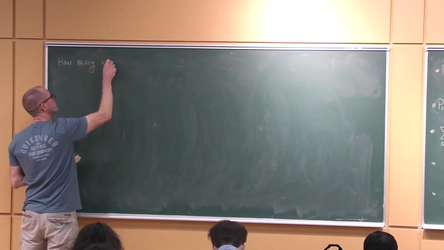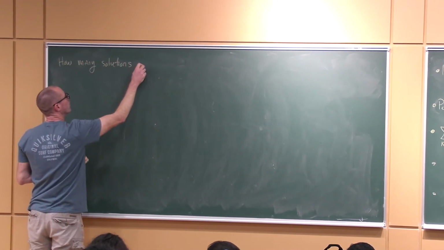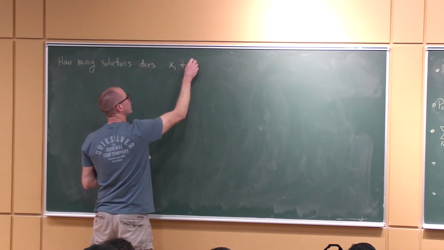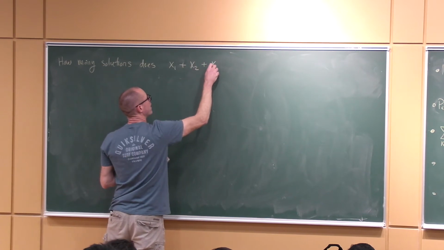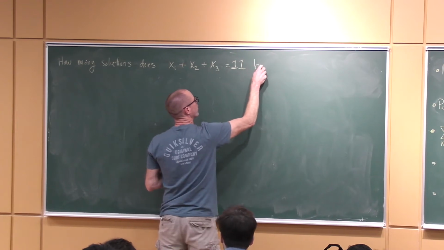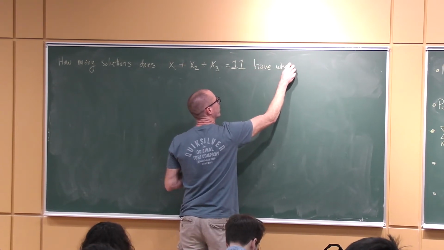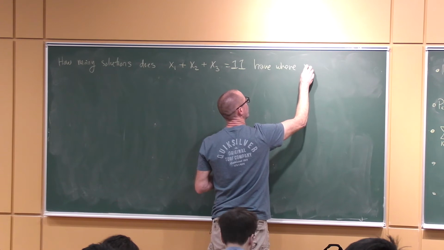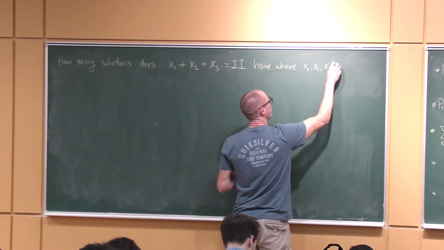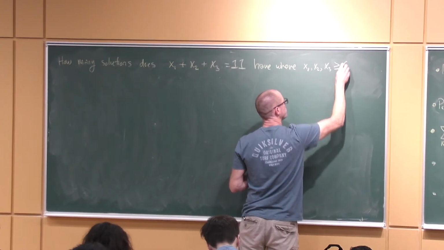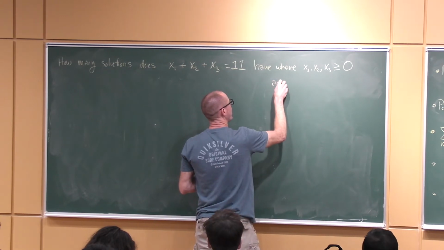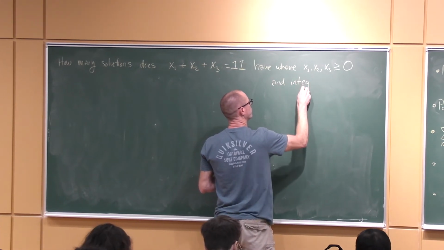How many solutions does x1 plus x2 plus x3 equal to 11 have, where x1, x2, and x3 are all bigger than or equal to 0, and integer?